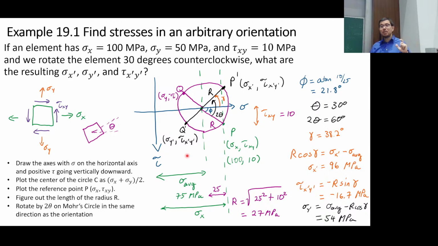And arguably, in today's age with a computer, it's easier to punch things into a calculator, all right? So would I use Mohr's circle for figuring out an arbitrary state of stress? I can. I just showed you how to. But don't do it unless I say you have to do it, all right?